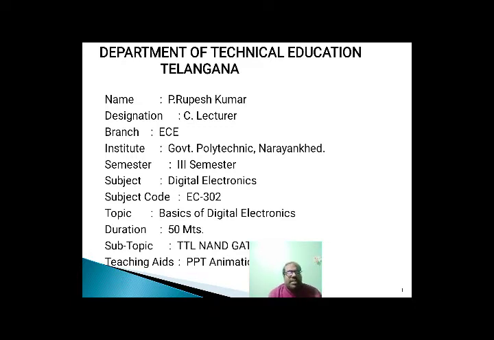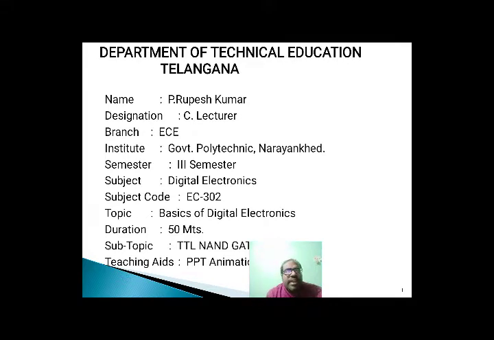Already we have completed number systems, conversions, Karnaugh maps, K maps, logic gates, etc. And we also learned about logic families, types of logic families, characteristics or specifications of logic families, the TTL gate, ECL gate, CMOS gate, comparison between these digital IC families, as well as digital IC numbers in our previous sessions.